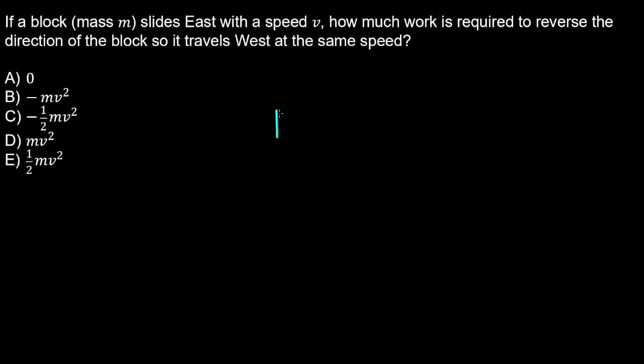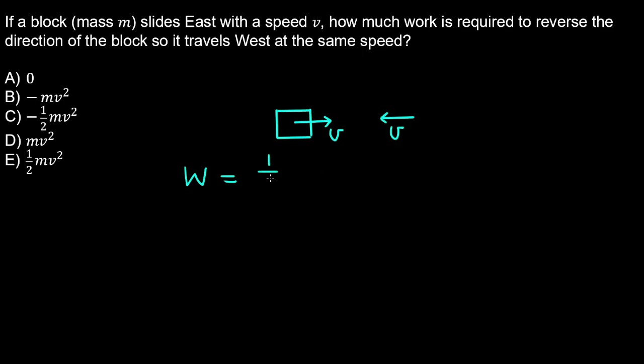If a block slides east with a speed v, how much work is required to reverse the direction of the block so it travels west at the same speed? Well, by the work kinetic energy theorem, the work done is equal to the change in kinetic energy of the block.